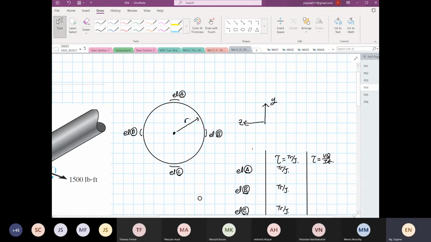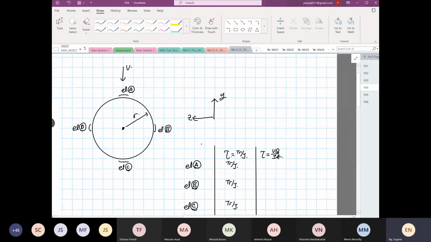If you have a shear force coming down here, if I were to sketch the distribution, and this is a thick analysis, not a thin one, so now this is my shear, and this is my y direction, we know that the distribution will go like this.